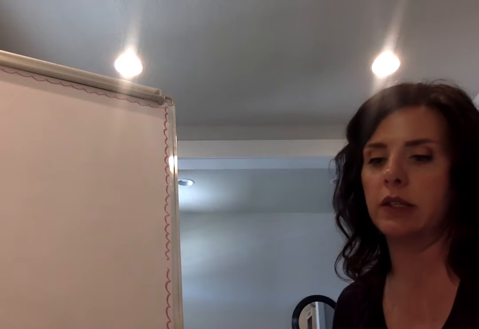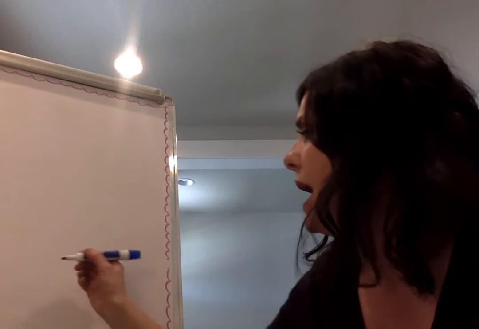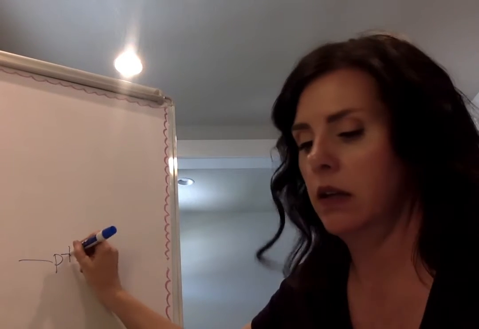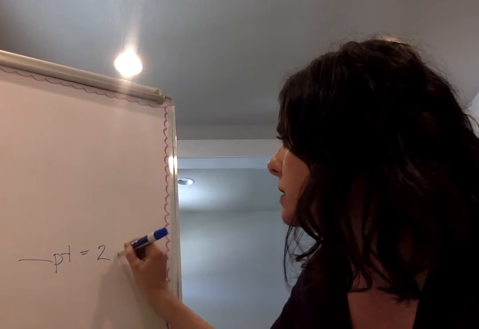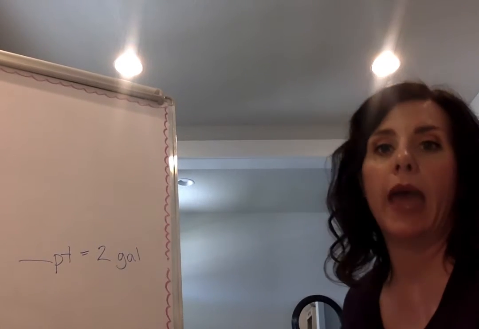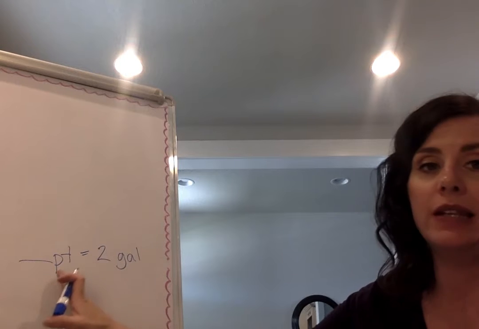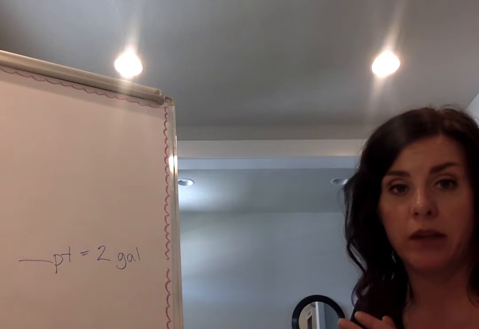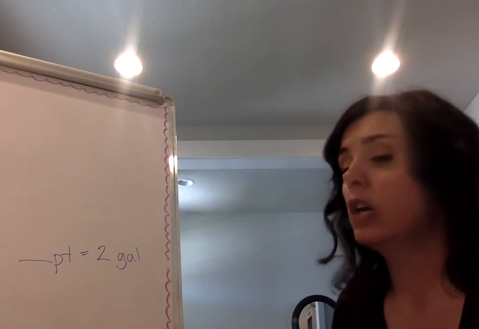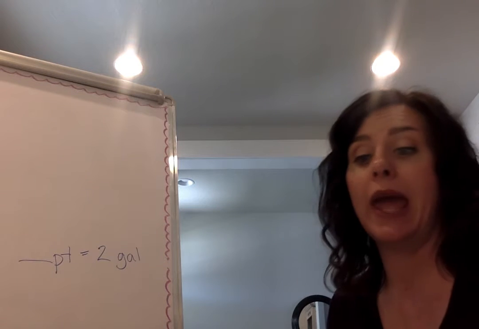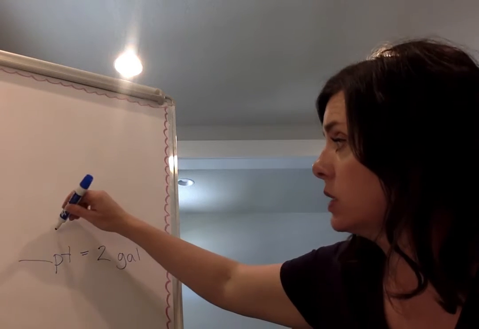So let's look at number 6. Okay. So we have how many pints equals 2 gallons? Well, we're going from pints to gallons. Which one's smaller? Pints, right? So we're converting to a larger unit. This one is smaller.